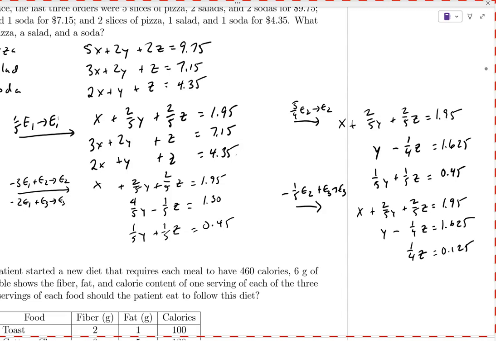Almost done getting it in triangular form. What do you need to do to get it in triangular form? Multiply by 4, right? I want to get a coefficient of 1 on my z. So we'll do 4 times equation 3, replace equation 3.